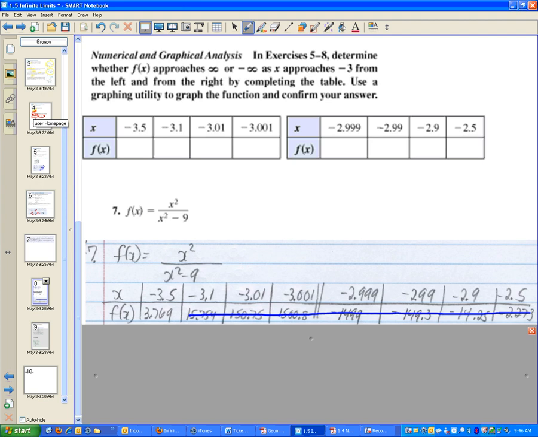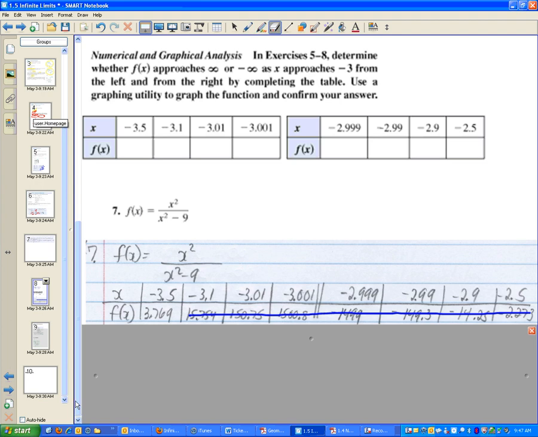For negative 3 point, looks like I might have rounded these to knock one off. When x equals negative 3.5, do you get something like 3.769? Do you get exactly that, or do you have more digits? 3.769. Okay, I thought I might have chopped one off.